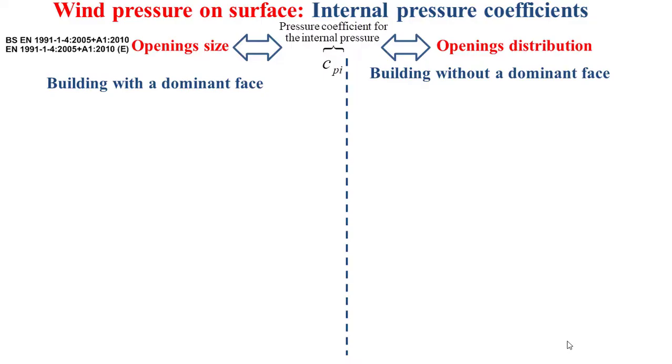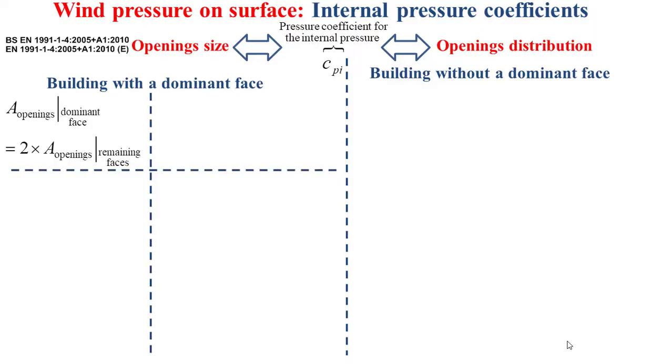Well, in the case of building with the dominant phase, if the area of openings in the dominant phase is equal to 2 times the area of openings in the remaining phases, the internal pressure coefficient CPI is equal to 0.75 multiplied by the external pressure coefficient CPE evaluated at the pressure zone containing the openings in the dominant phase.